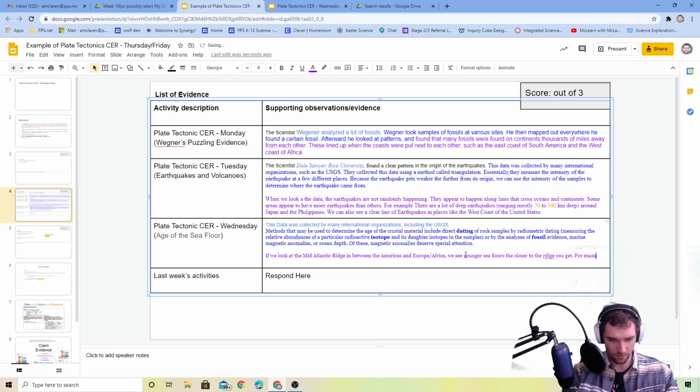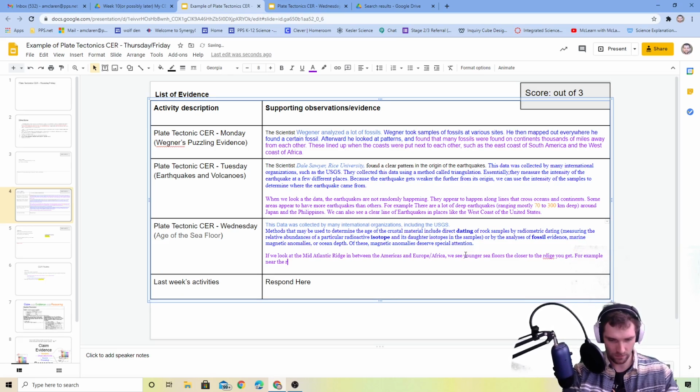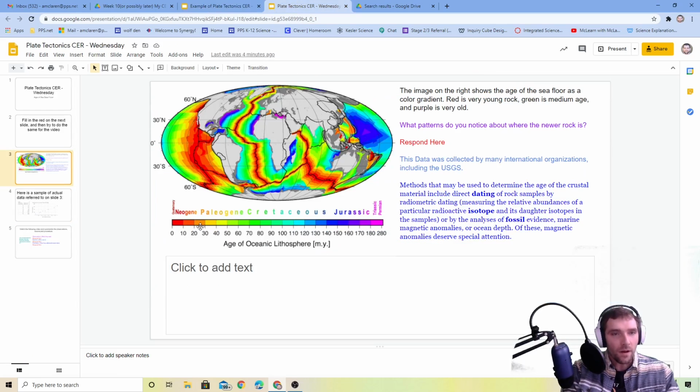For example, near the ridge, we have some samples as young as, if it's red, it's definitely 10 or less. So it's 10 million years or younger, around there.